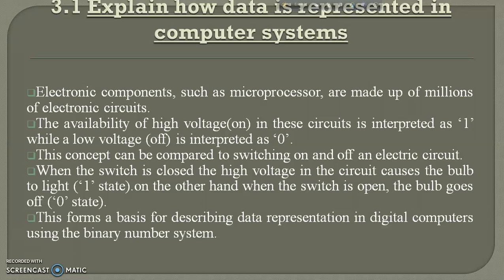This concept can be compared to switching on and off an electronic circuit. When the switch is closed, the high voltage in the circuit causes the bulb to light, the one state. On the other hand, when the switch is open, the bulb goes off, the zero state. This forms the basis for describing data represented in digital computers using the binary number system.